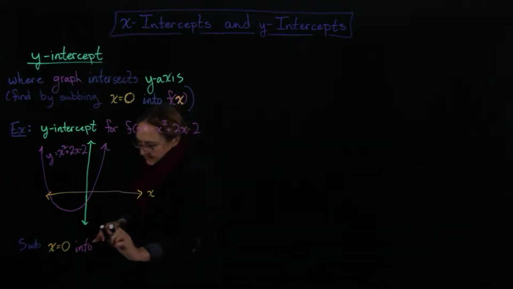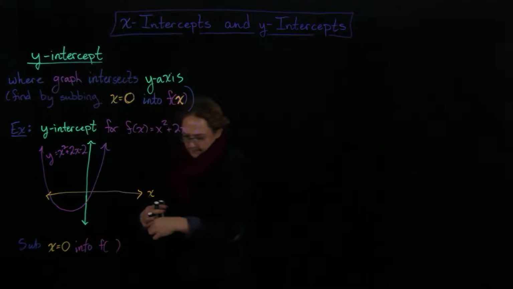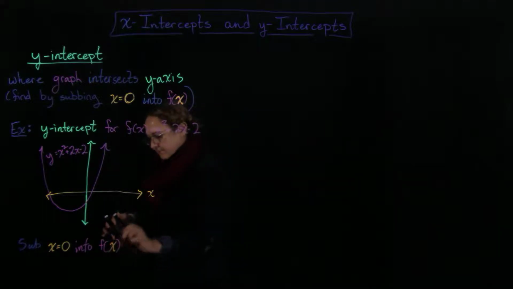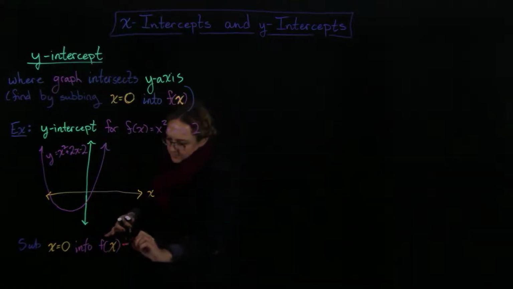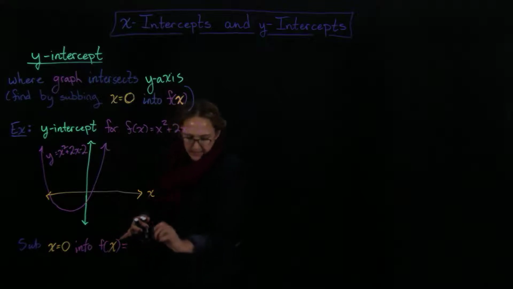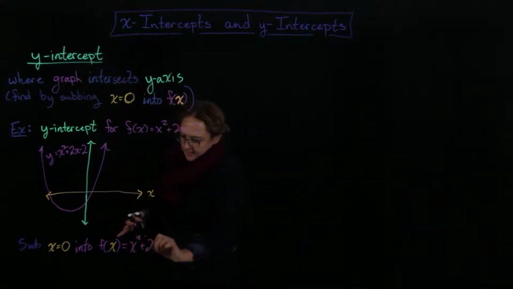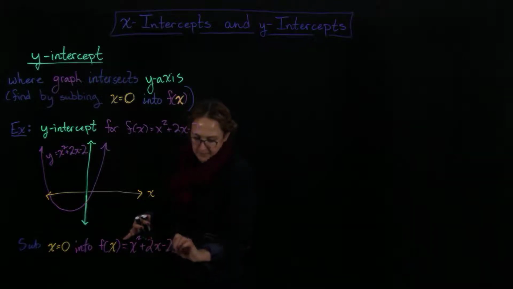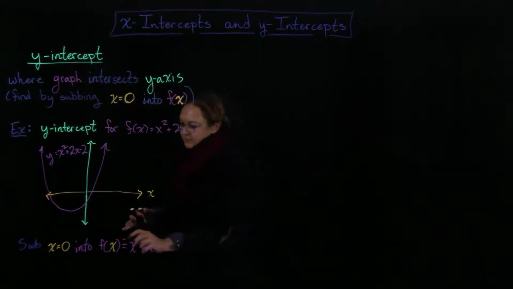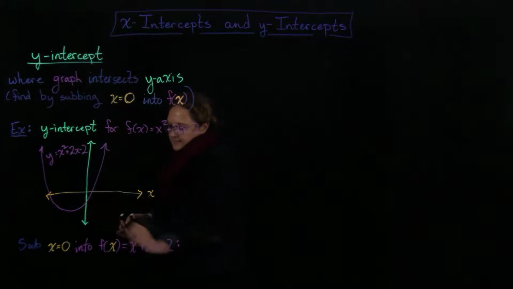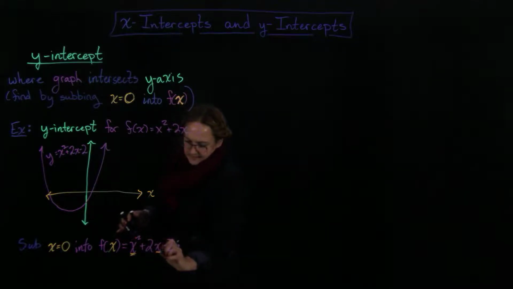So I have f of x equals x squared plus 2x minus 2. But I know that this x is this x and this x.